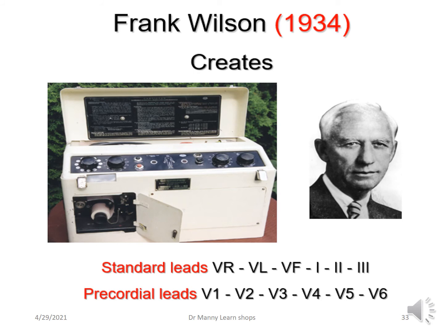And these standard leads, VR, VL, VF, are also referred to as unipolar leads. Lead 1, 2, 3 are referred to as bipolar leads. The precordial leads are unipolar leads. Unipolar leads just record current in one direction. Bipolar leads are a combination of two electrodes, so therefore recording in two directions, which we'll discuss at a later point in time.